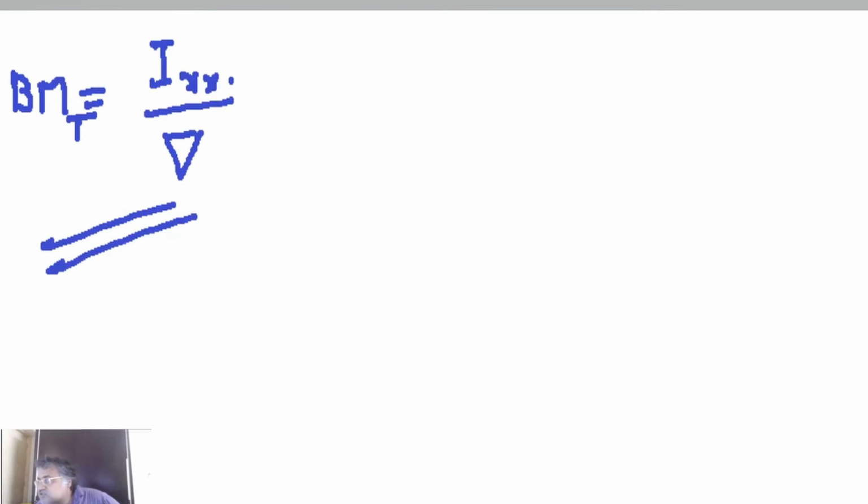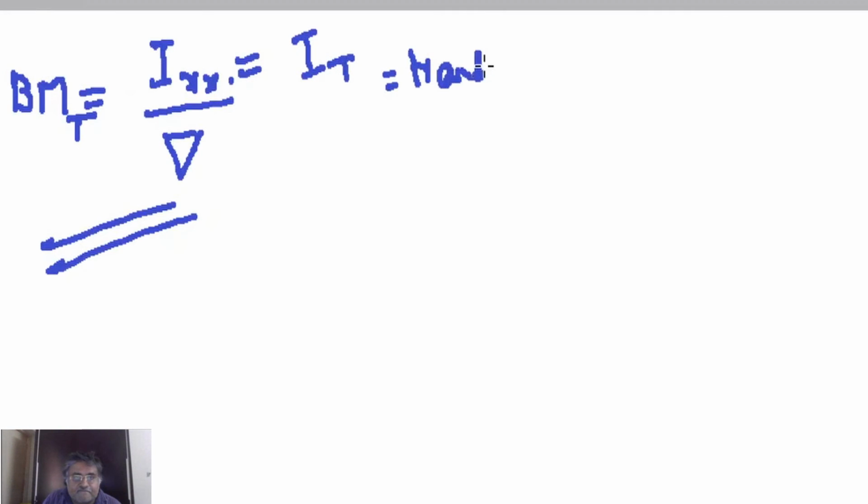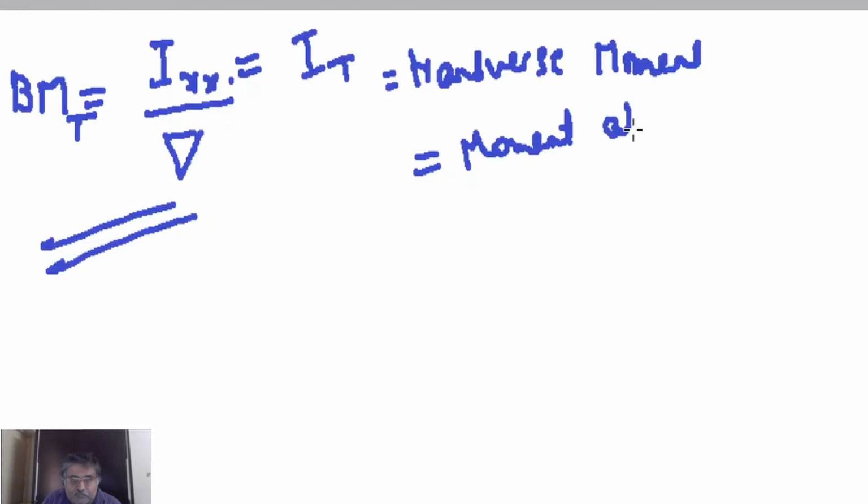Now we come to the same thing for a ship. By the way, one thing also, this actually comes in a later text, but it's better to explain this. This is known as IT. This whole thing, I don't know who derived it, but whoever did that has made it extremely complicated.